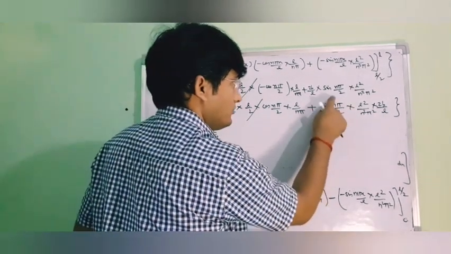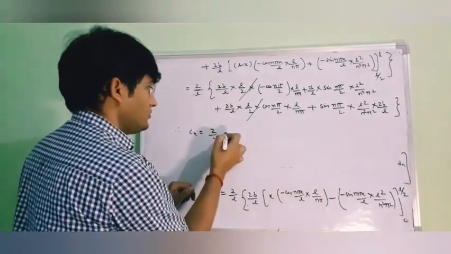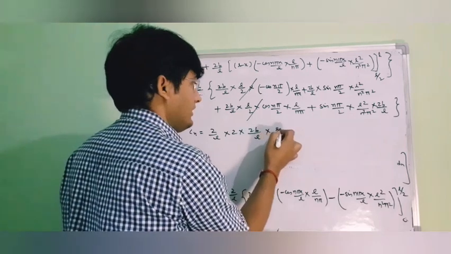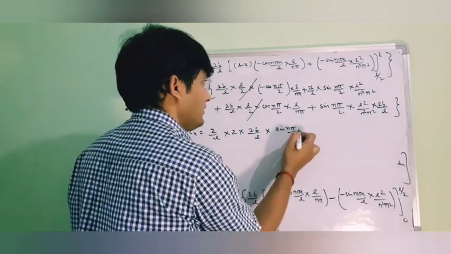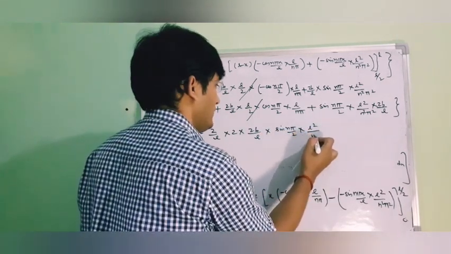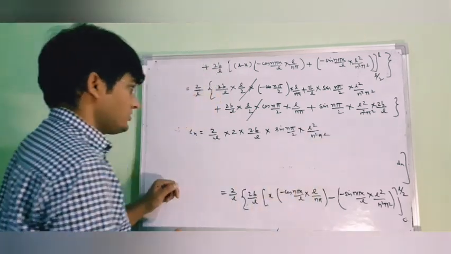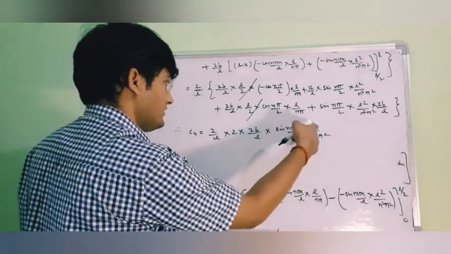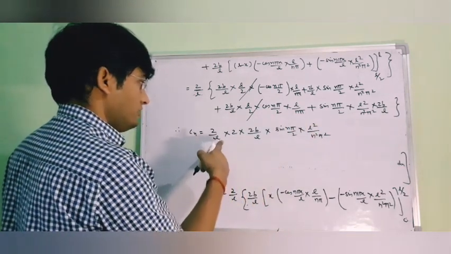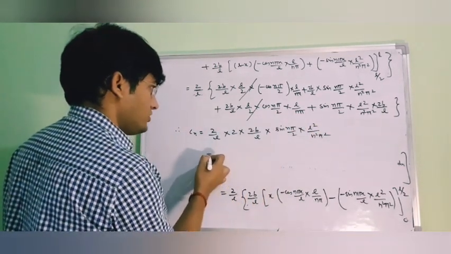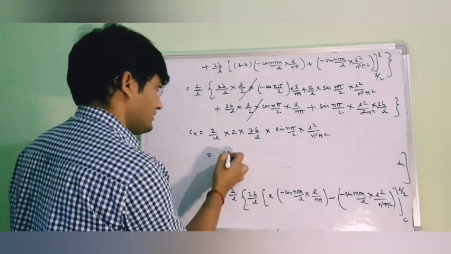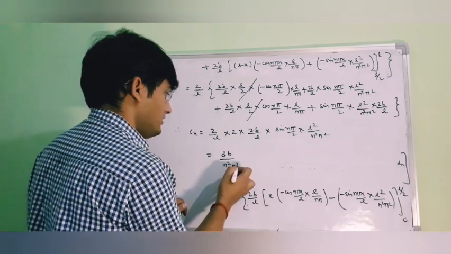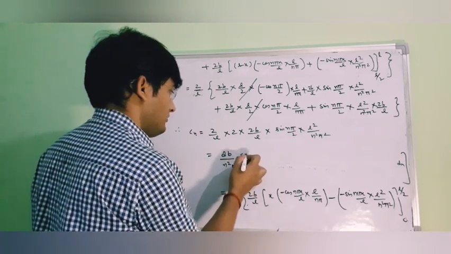Now these two terms are common, so we will have 2 times 2v upon L sin n pi by 2 into L square n square pi square. Now this L square will get cancelled with this L square. Now this will be 2 to the 4 to the 8, so we will have 8b upon n square pi square into sin n pi by 2.